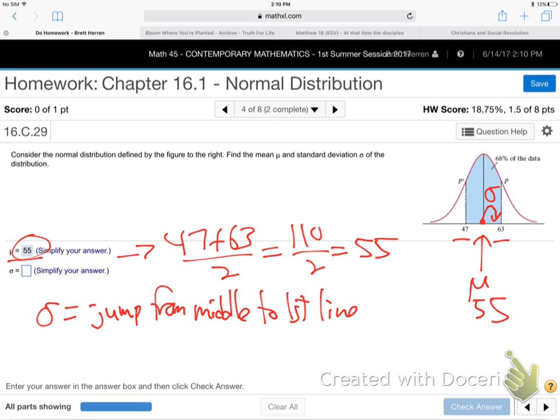That's your squiggle. That's your standard deviation. That stands for standard deviation. Average jump from the middle, in other words. So that'd be what? 63 minus 55. Is that 8? There we go. That's the standard deviation on that one. I'll move on.